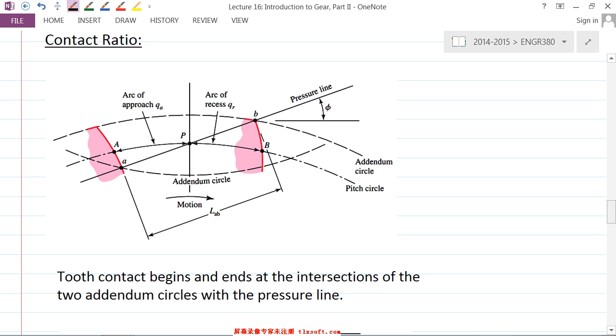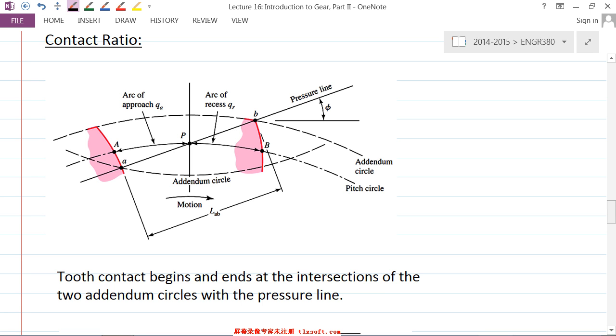It starts to rotate, and all of a sudden it starts to engage with the gear, and then it moves again. At a certain point, this tooth will start to disengage from the other one. So the question is, what is the limit? Where does it start to engage, and where does it start to disengage?